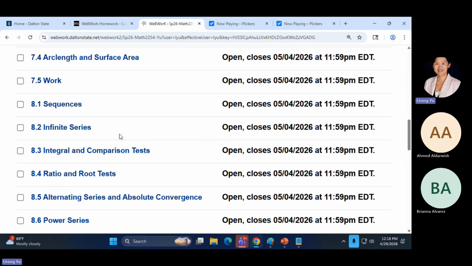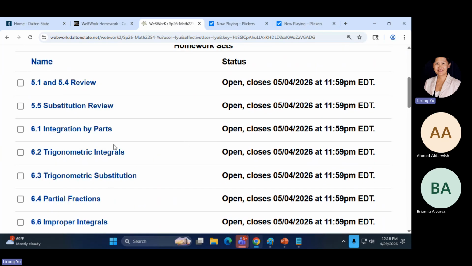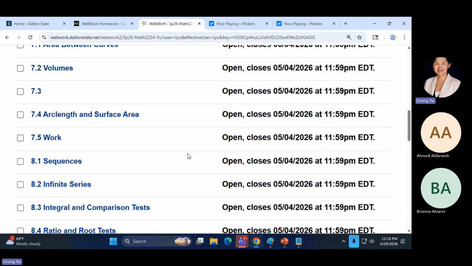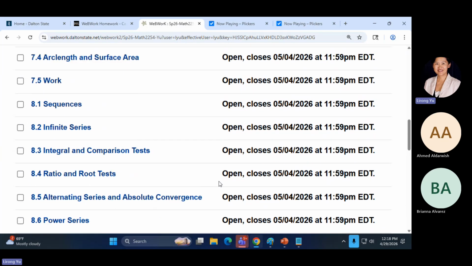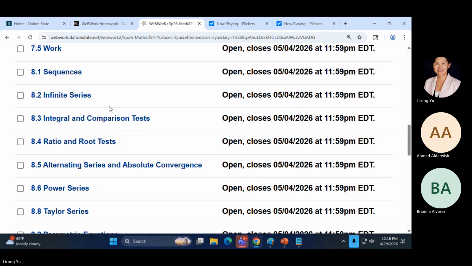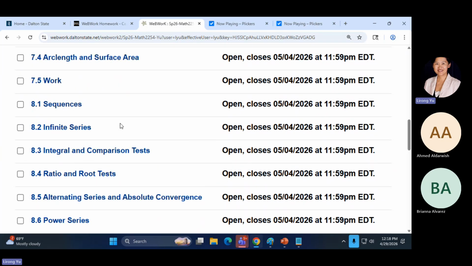Test 1 is chapters 5 and 6. Test 2 is all of chapter 7, and test 3 is all of chapter 8. So if you want to make up one test, make sure that chapter's homework is done. That way you will see how it works.